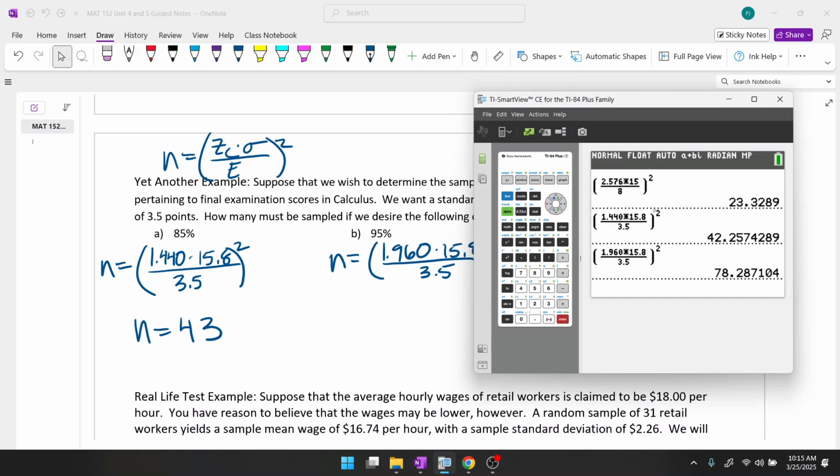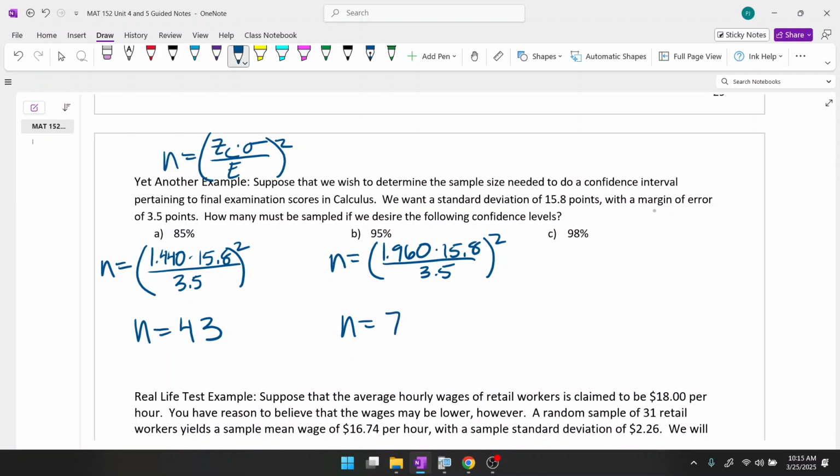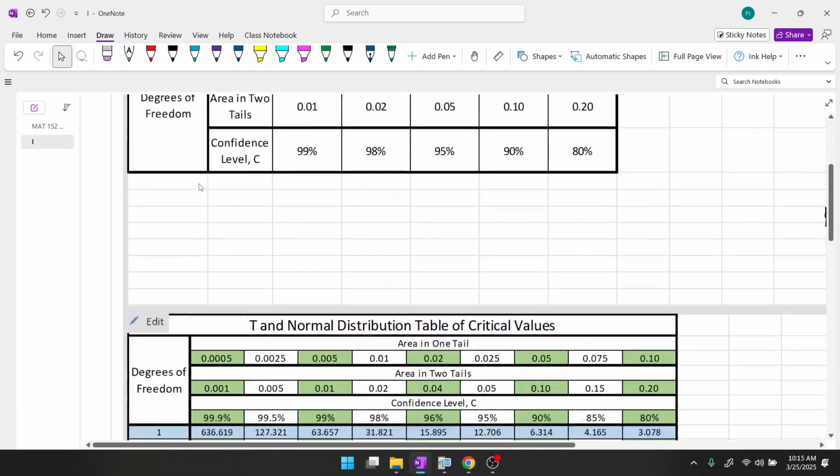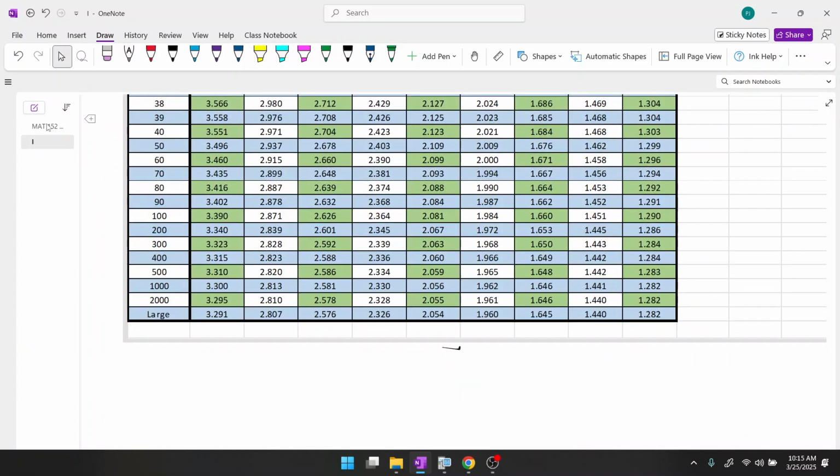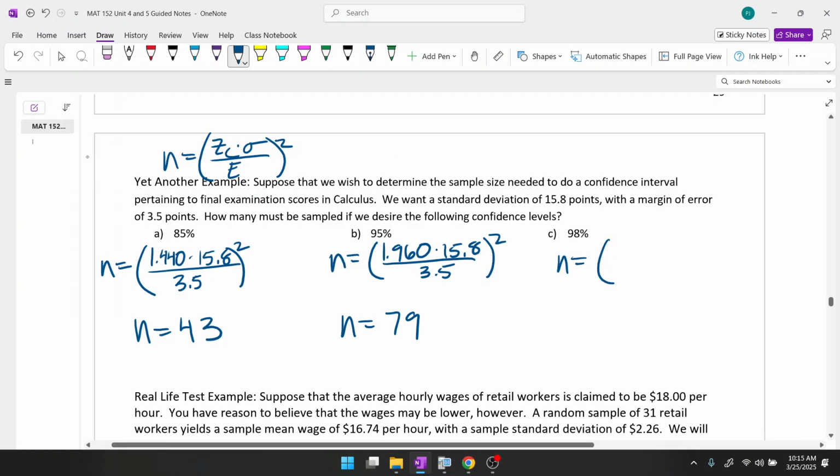And we get 78.28, or n equaling 79. Lastly, if we do 98% confidence, 98% is 2.326 times 15.8 over 3.5, and then you square that.